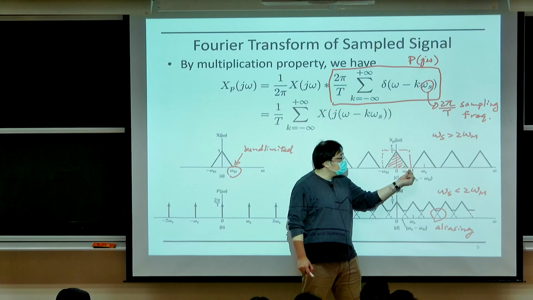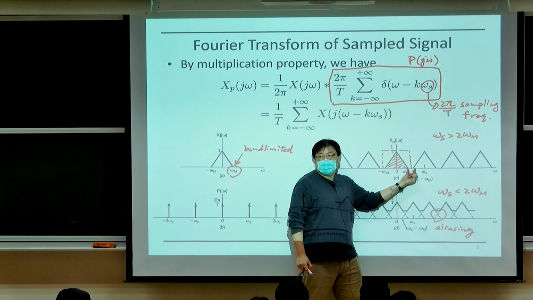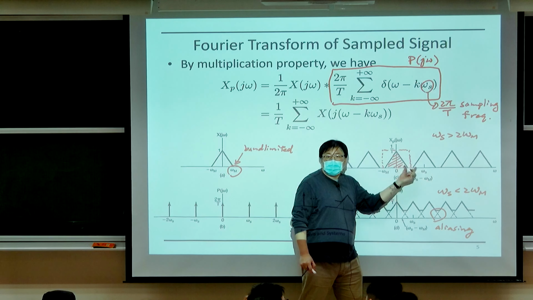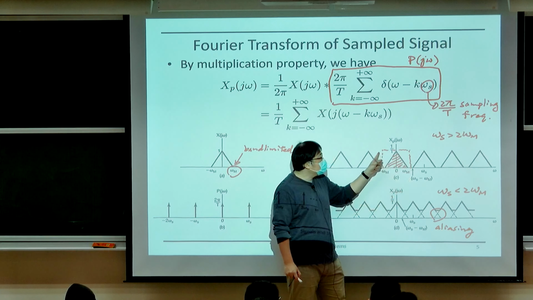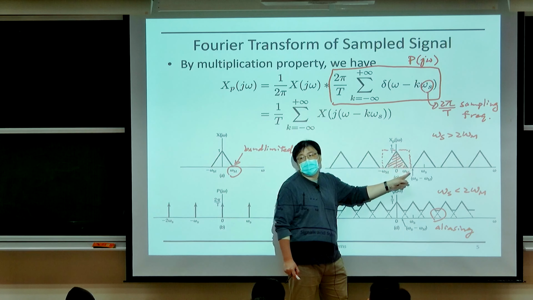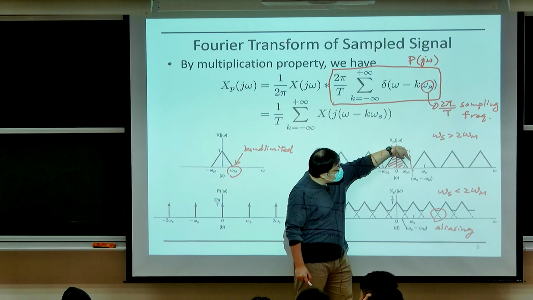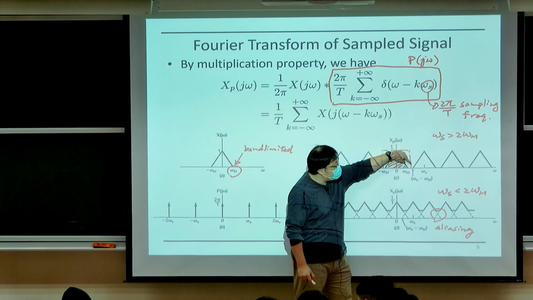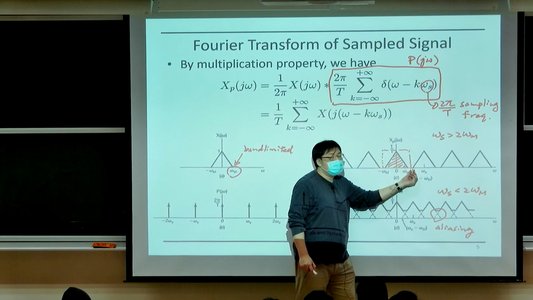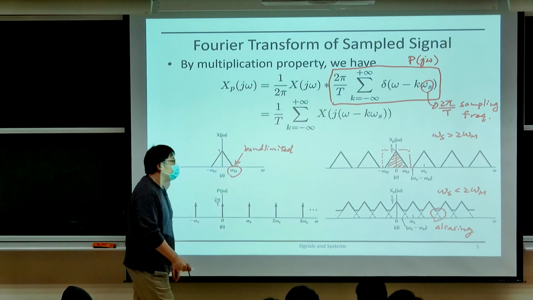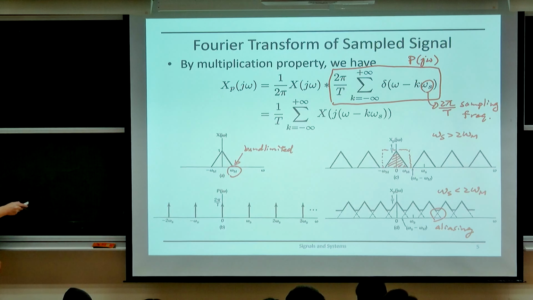You always need to give sufficient separation between adjacent replicas, because in practice we can never have an ideal low-pass filter. Practical filters always need some room to transition from pass band to stop band, so you always need sufficient separation for that to happen. But theoretically, this is possible.